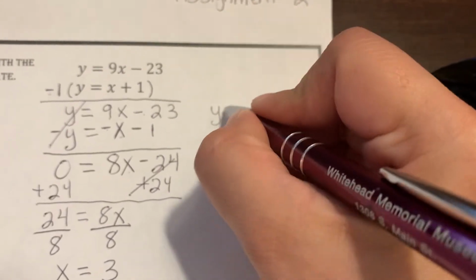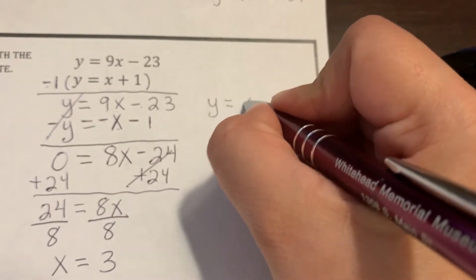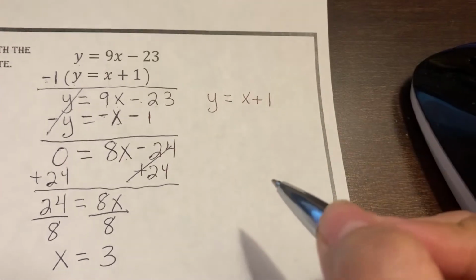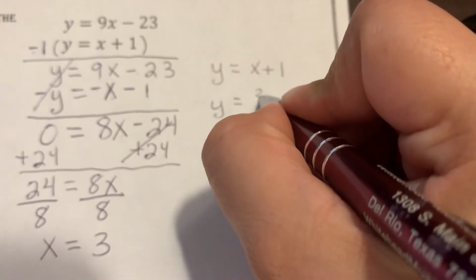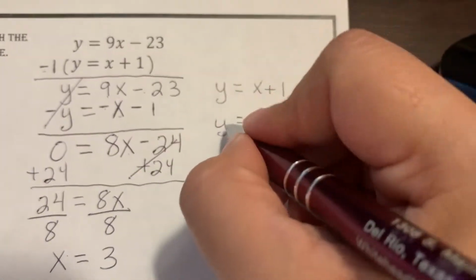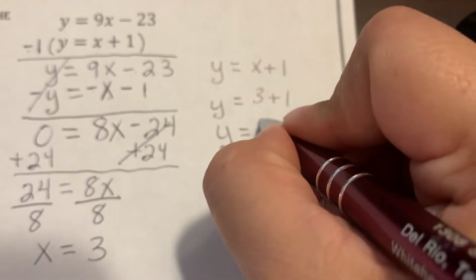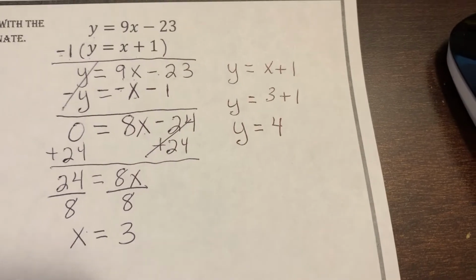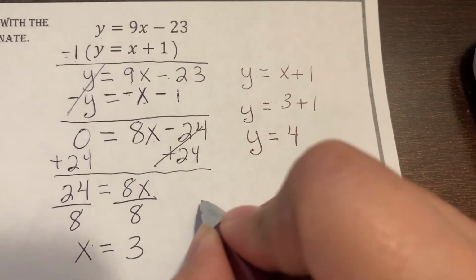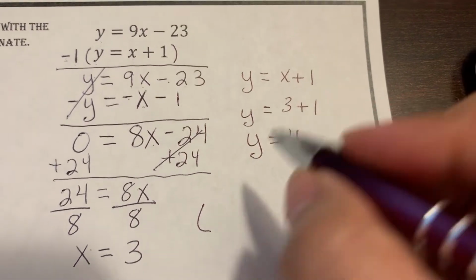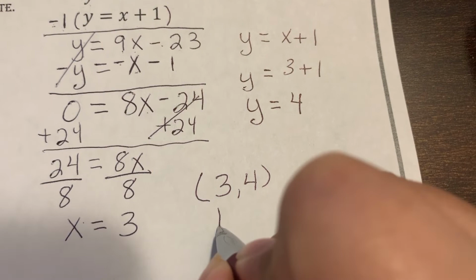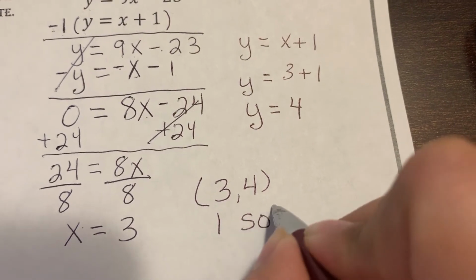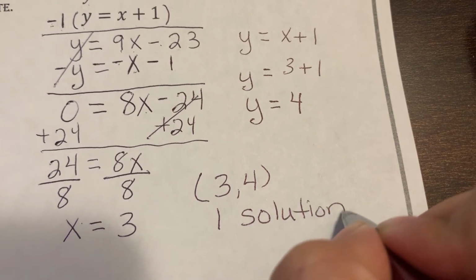In this case, I'm going to use y equals x plus 1, and substitute the x value of 3, which is what we said x was equal to. And so my value of y is 4. So the solution to the system of equations that I just solved is (3, 4), which means it has one solution.